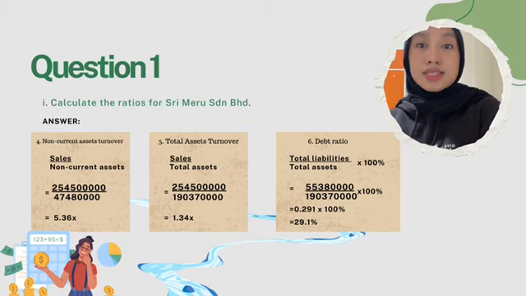Number 6 is debt ratio. This is how I calculate debt ratio of Seri Meru Sendirian Berhad. The formula is total liabilities divided with total assets times with 100, which is 55380000 divided with 19037000 times with 100, and the total amount is 21.1%.